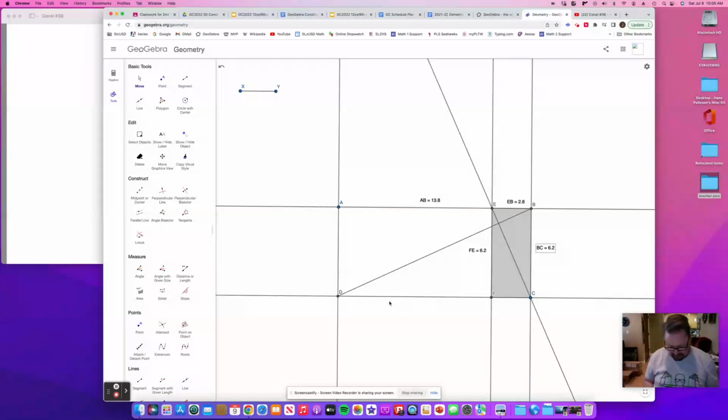Which is, 13.6 over 6.2 is 2.194, and 6.2 over 2.8.